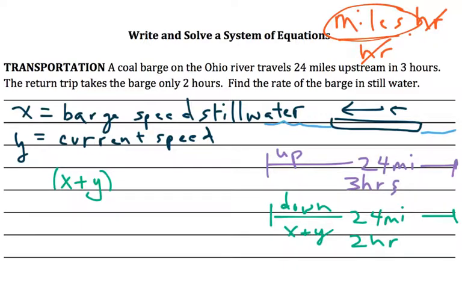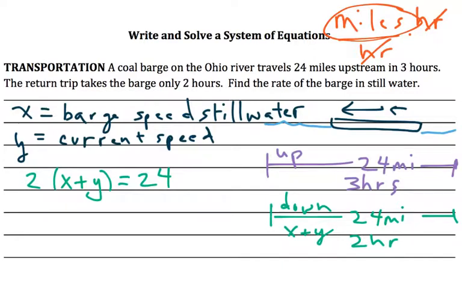So let's see what happens if we multiply that by the only other thing that has time involved. Well, here's 2 hours down here. So if I multiply 2 hours by this miles per hour measure, then I know that that's going to leave me with 24. So it's basically the distance, speed, time equation kind of being worked out.